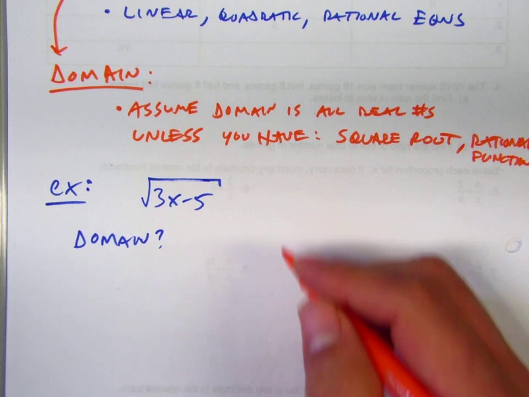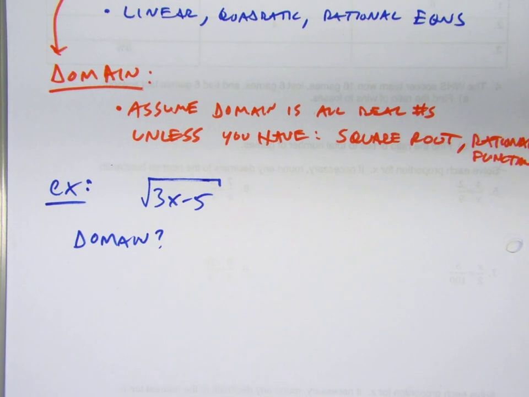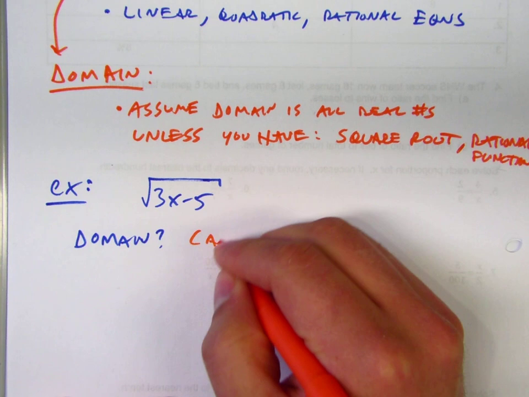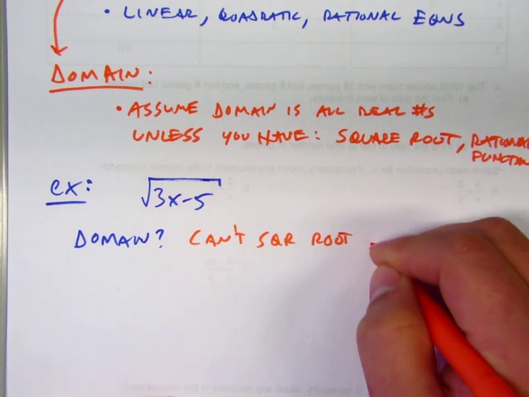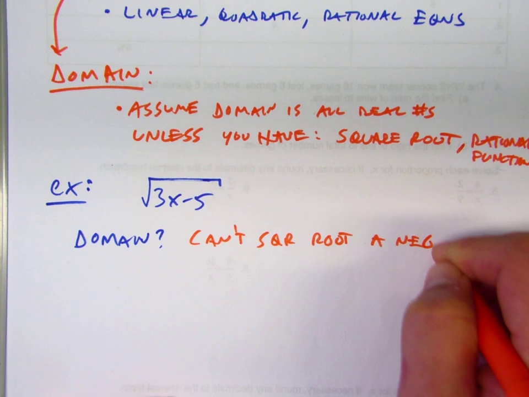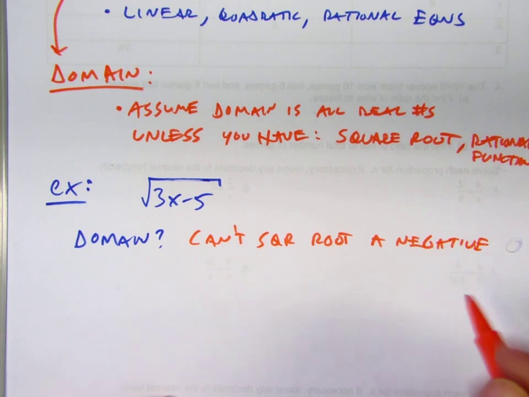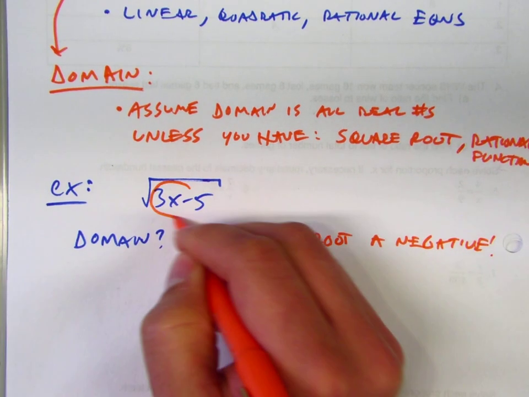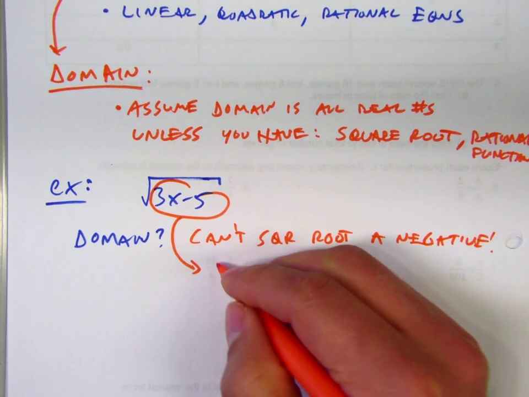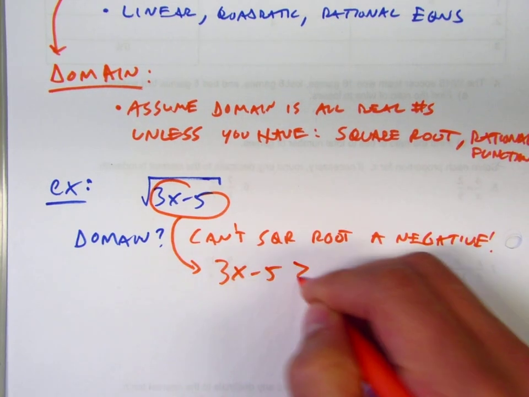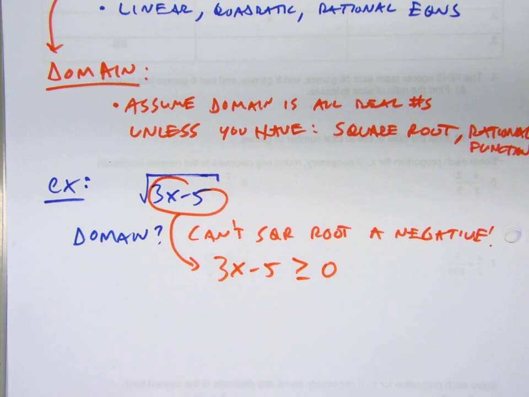Negatives. You guys know that already, right? So using that logic, since you can't take the square root of a negative, that forces whatever's on the inside of the square root to be greater than or equal to 0. Did everybody buy that? Okay.